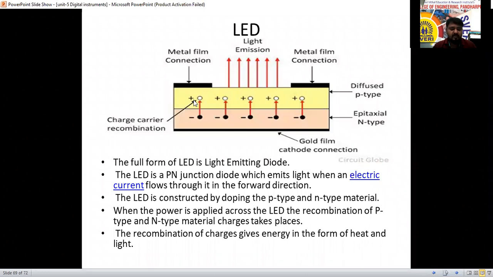What is the difference between semiconductor and conductor? Is there any difference?